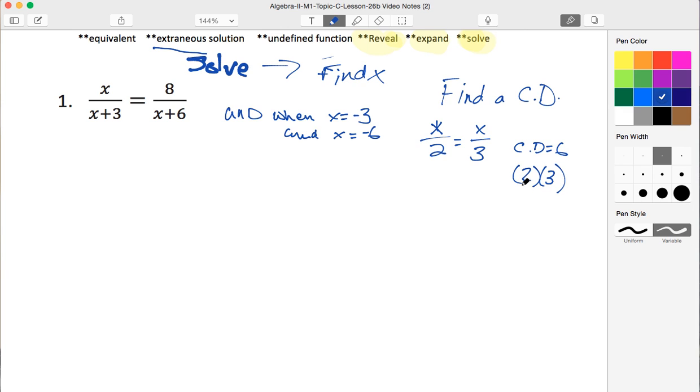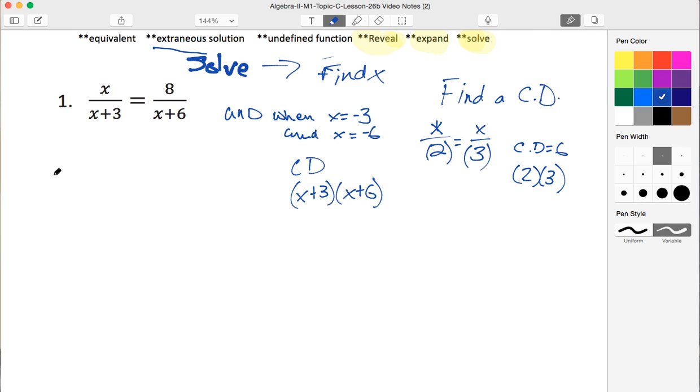And you would say, yes. So to find the common denominator, all you had to do is multiply the two denominators together. So in this case, our common denominator is going to be x plus 3 times x plus 6.